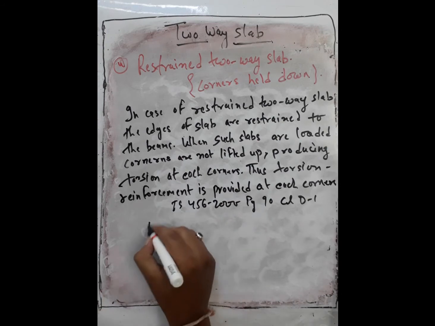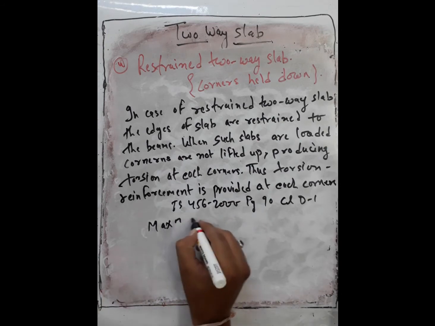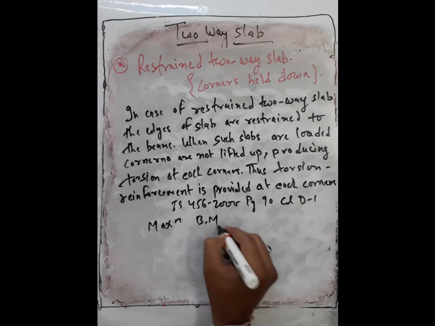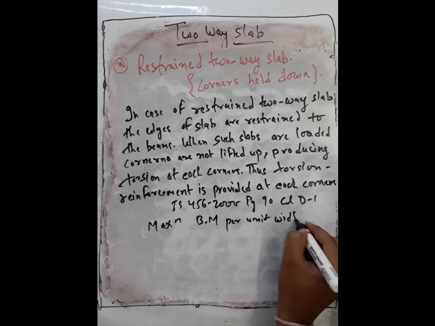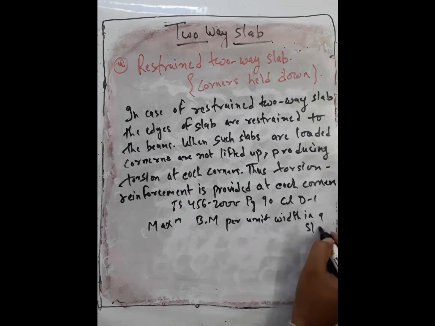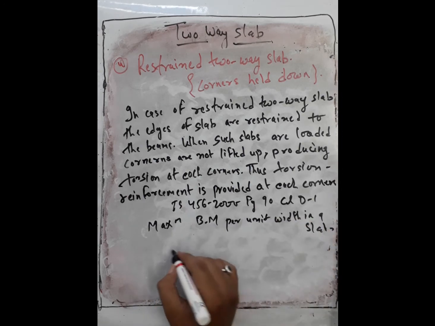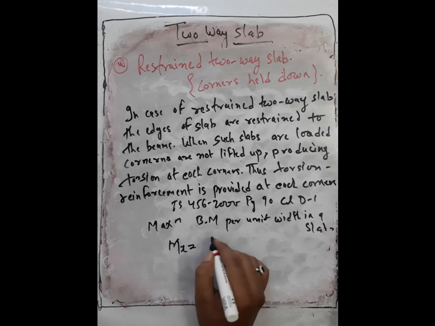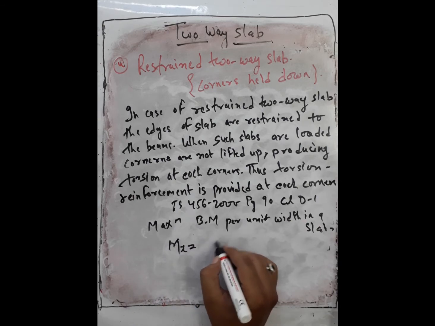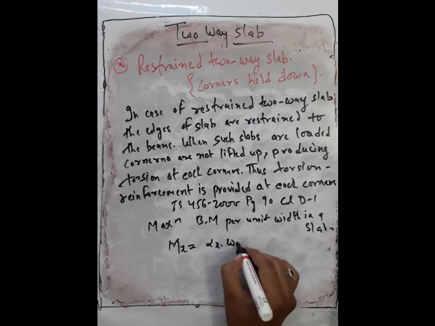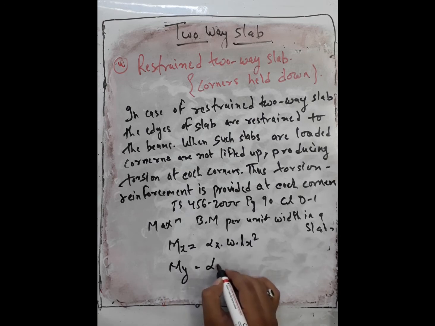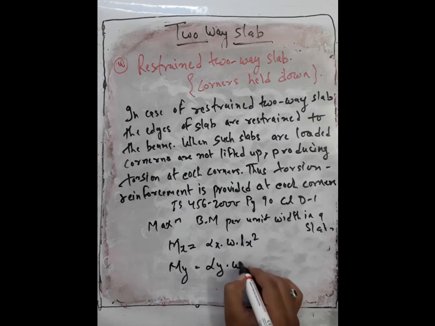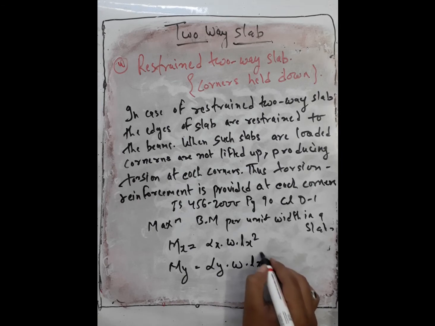The maximum bending moment per unit width in a slab is given by two formulas: Mx is equal to alpha x times w times lx square, and My is equal to alpha y times w times lx square.